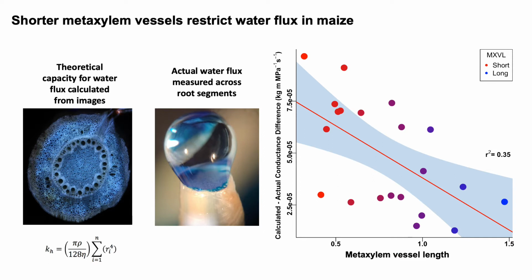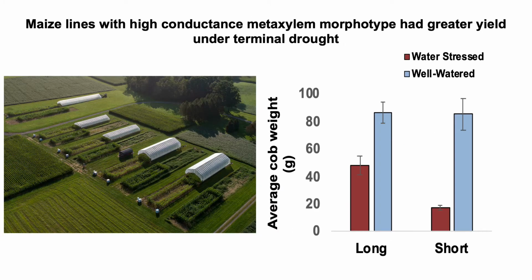In other words, short vessels restrict water flow. Under terminal drought in field rainout shelters, maize genotypes with high conductance xylem morphotypes had nearly 3 times the yield of related genotypes with low conductance xylem morphotype. This is an interesting phene for drought tolerance.